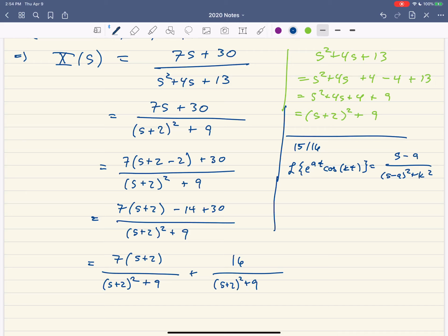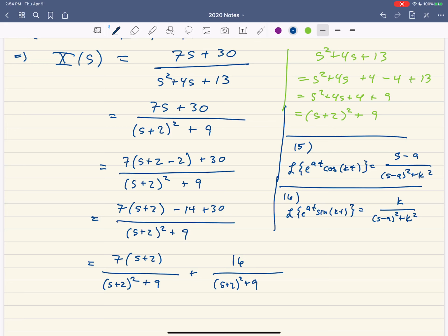So we're going to need both rules 15 and 16. I just wrote down rule 15 at first, so this is actually rule 15 according to our handout. Rule 16 is for the Laplace transform of e to the at sine of kt, and it turns out that that's k over s minus a quantity squared plus k squared.